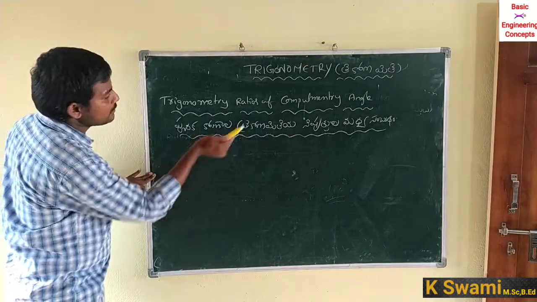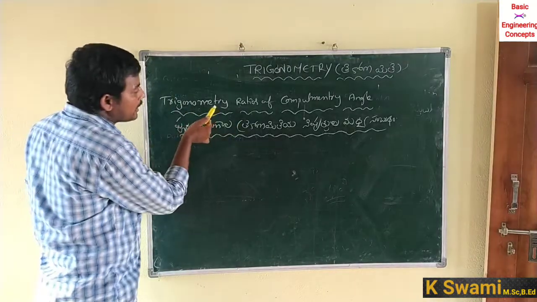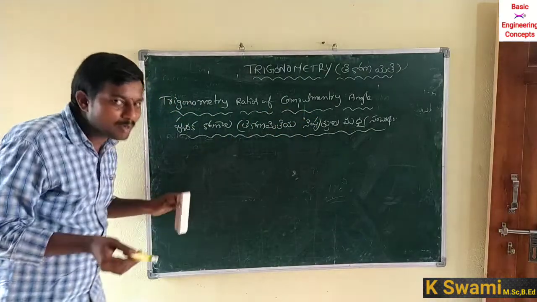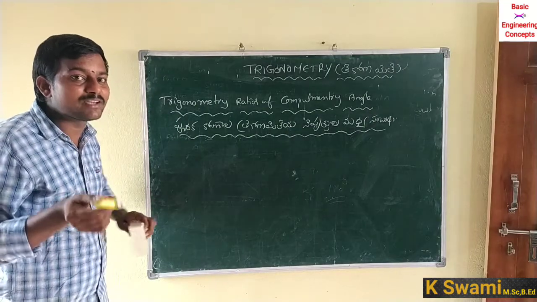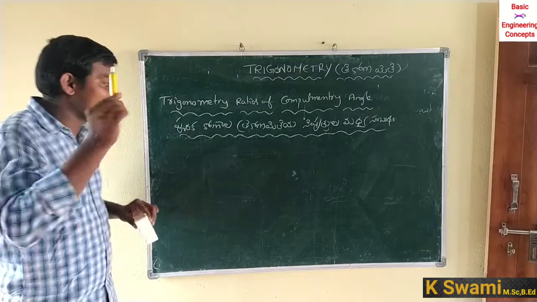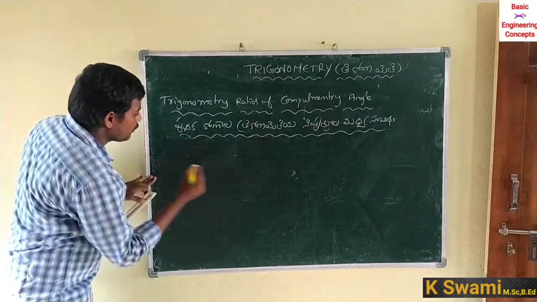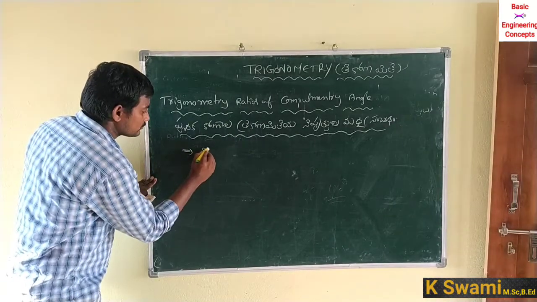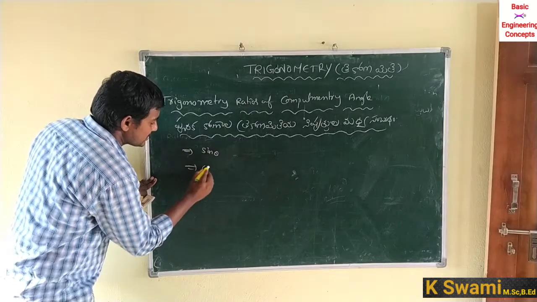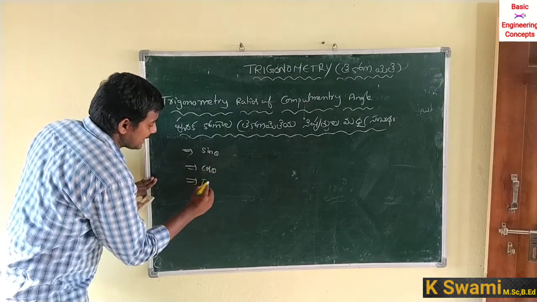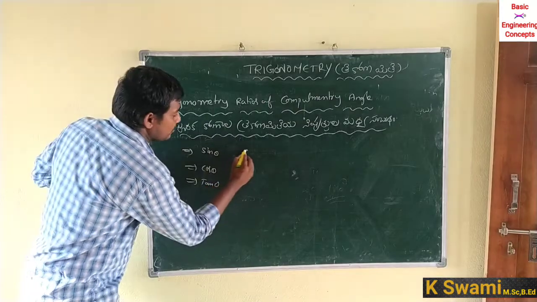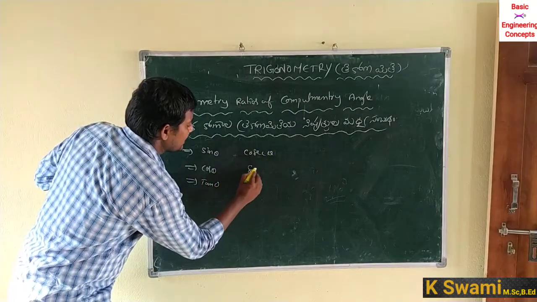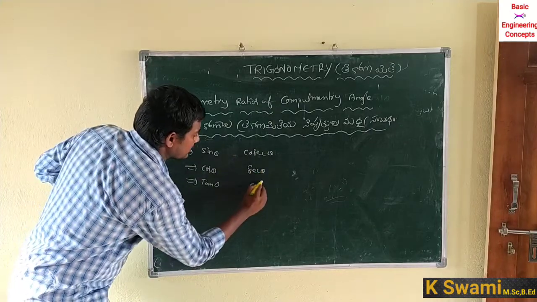Finally, the relation between trigonometric ratios of complementary angles. Complementary angle means the sum of the two angles is equal to 90 degrees. Trigonometric ratios means sin theta, cos theta, tan theta, cosecant theta, secant theta, and cot theta.